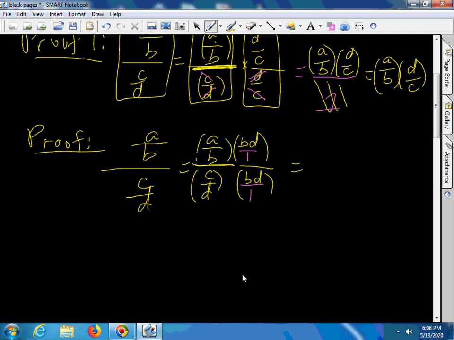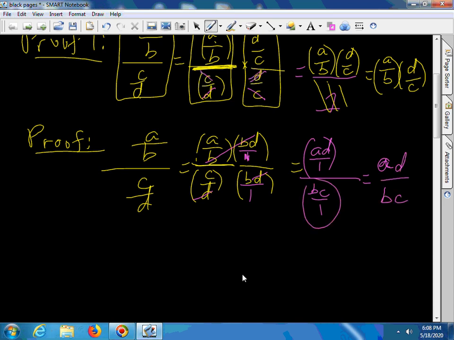Well, here, the b's cancel. So I'm left with ad over 1, this one. Divided by, here, the d's cancel. I'm left with bc over 1. Well, ad over 1 is ad, bc over 1 is bc.